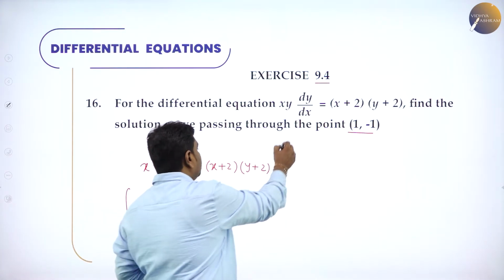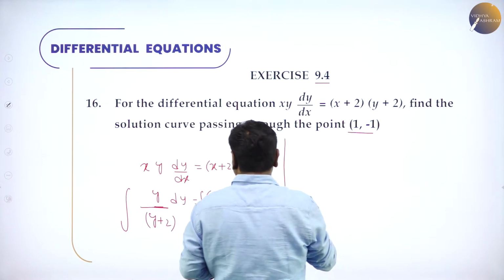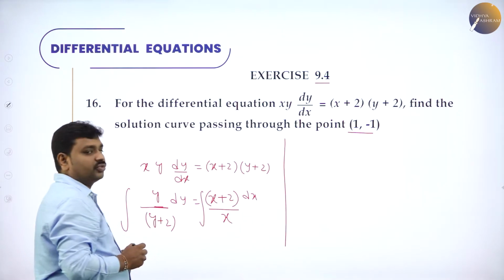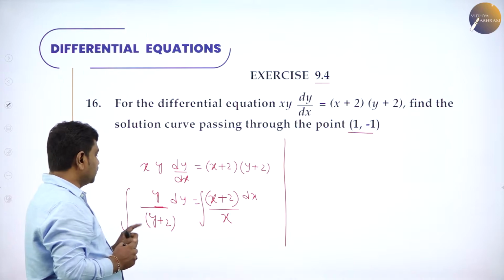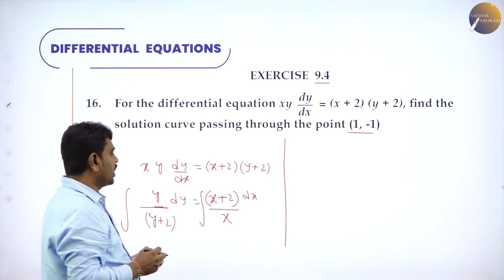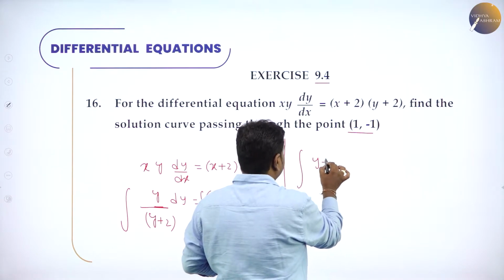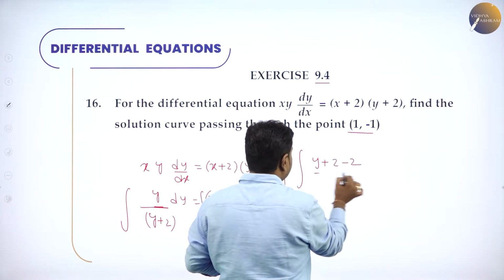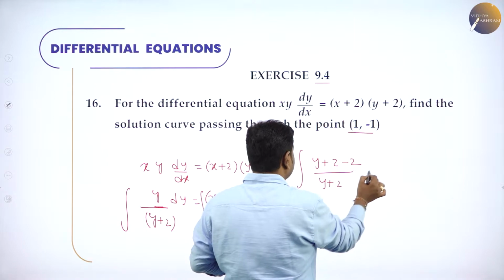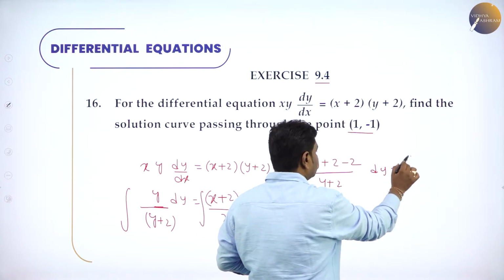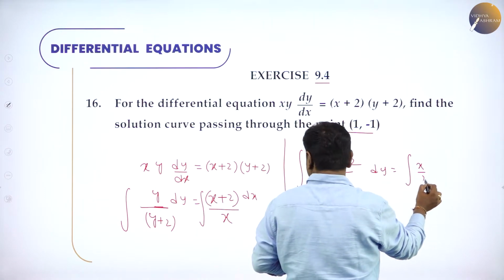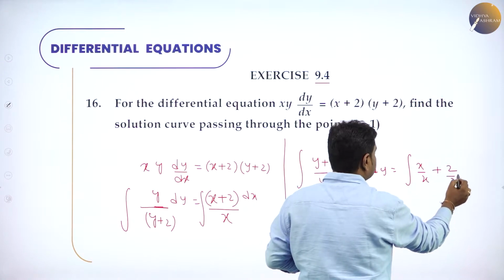When you integrate both sides, on the LHS y by y plus 2 is there, so the numerator plus 2 is missing. So add and subtract 2. All of you know how to integrate. (y plus 2 minus 2) divided by (y plus 2) into dy is equal to, split this, x by x plus 2 by x dx.